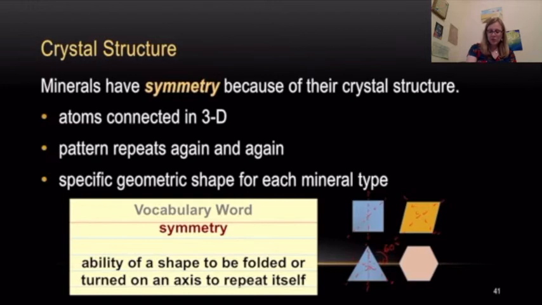It could be turned, in this case, 180 degrees, but really 30 degrees. And it can be cut in half from corner to corner like this in 3 directions, or from edge to edge like this in 3 directions. All right, so all minerals have this symmetry thing going on. They have this repeating crystal structure.